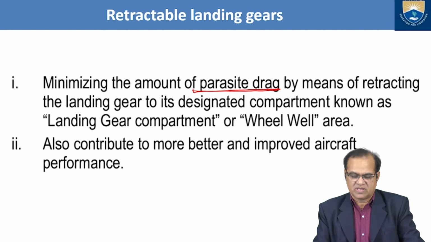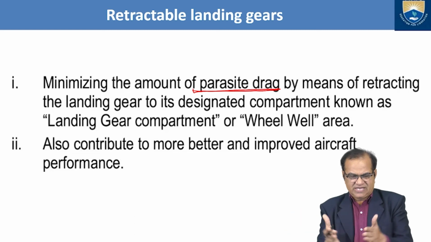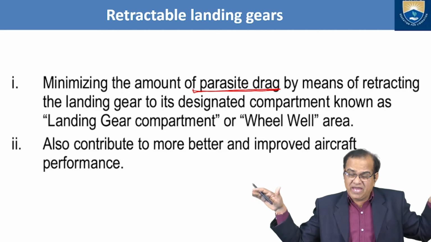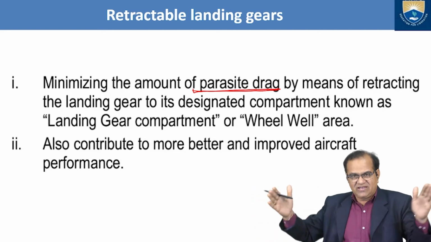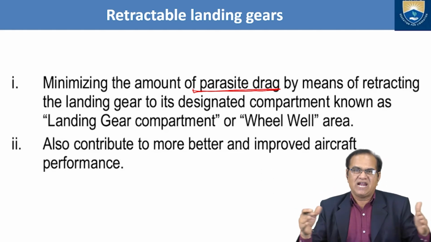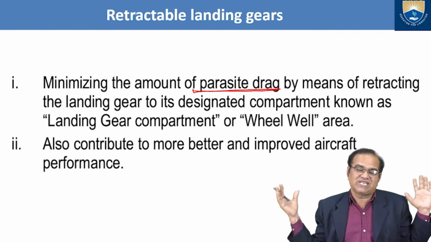So it is the landing gear compartment, accumulated like this. The landing gears which are on the main wing will go inside like this, and the nose gear will go inside the belly of the fuselage, and the gears which are on the wing will go inside the wing.